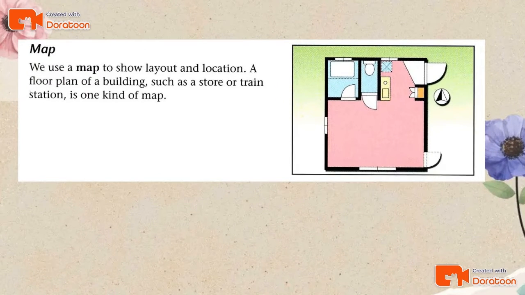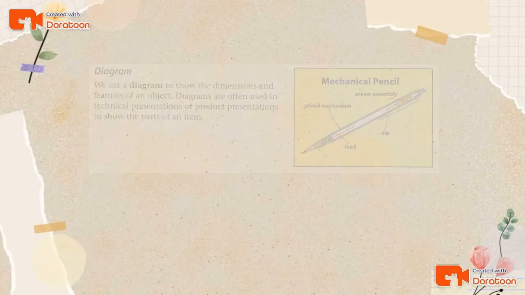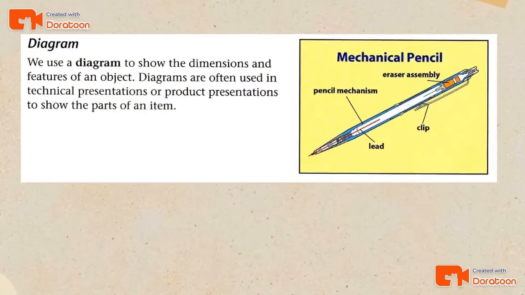We use a map to show layout and location. A floor plan of a building, such as a store or train station, is one kind of map. And diagram. We use a diagram to show the dimensions and features of an object. You can see an example in this picture.